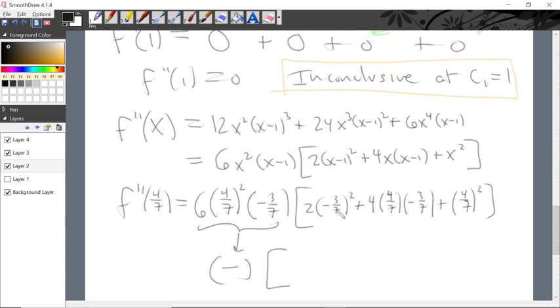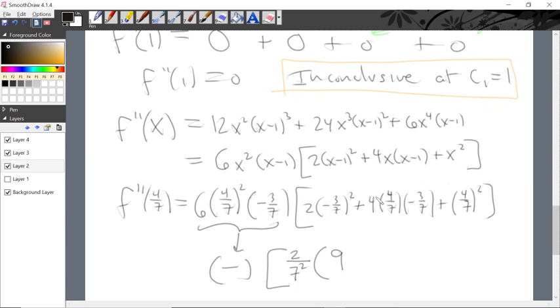Common denominator: they all have a denominator of 7 squared, and they all have a common factor of 2. So I'm going to take out 2 over 7 squared. This would just be a 9, since negative 3 squared is 9. Took out the 2 and the 7s.